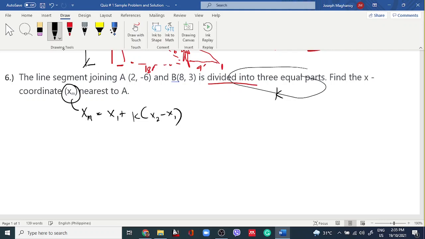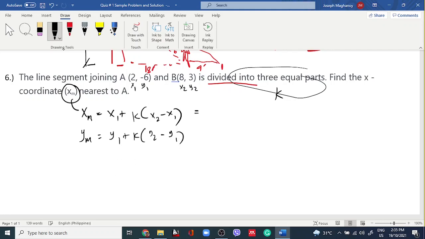So, given lahat, meron kang X sub 1, Y sub 1, and X sub 2, Y sub 2 given. If the problem is looking for Y, you can also use Y, that is Y sub 1 plus K times Y sub 2 minus Y sub 1. Yung parameter naman yung Y gagamitin mo.